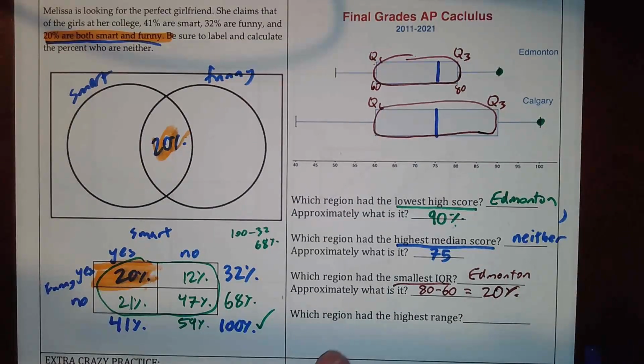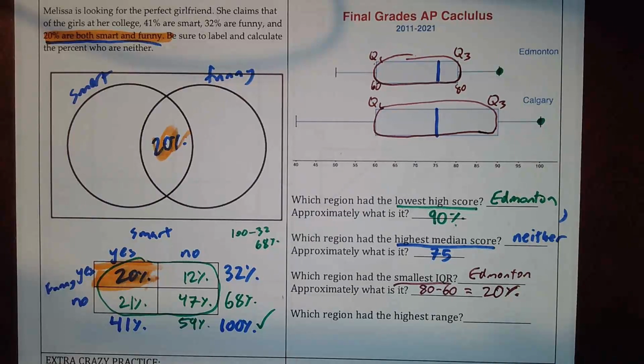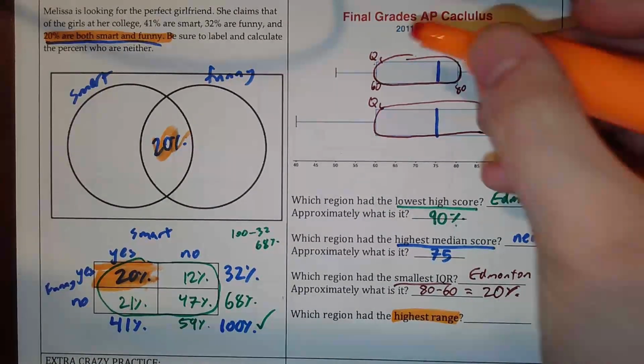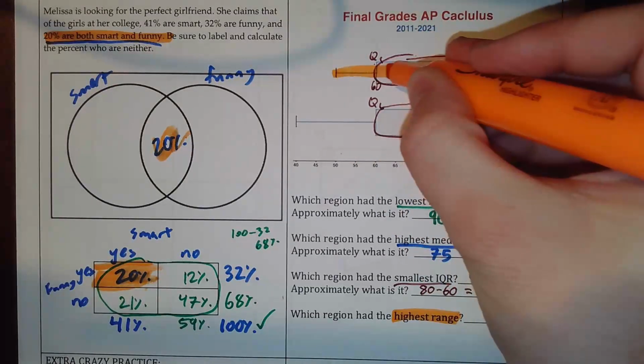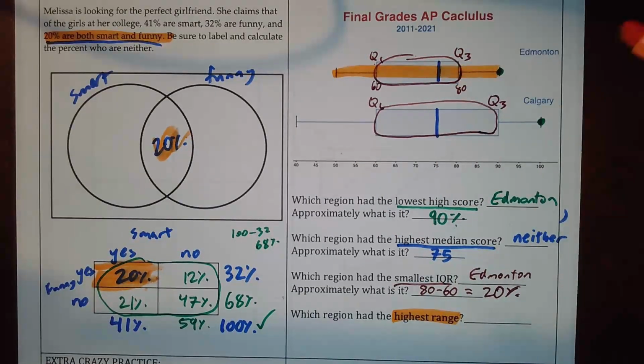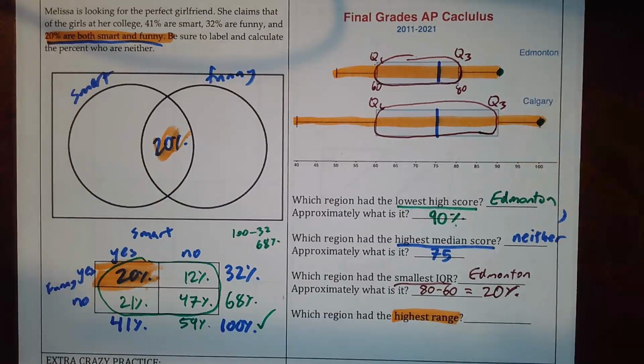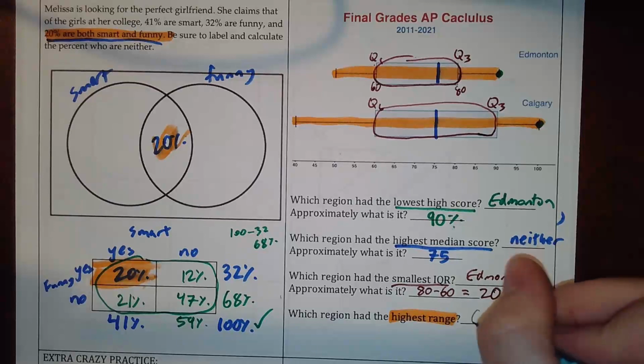And now the next and final question here is which region had the highest range? The range is how far apart the minimum is from the maximum. So I would definitely say the highest range would be Calgary.